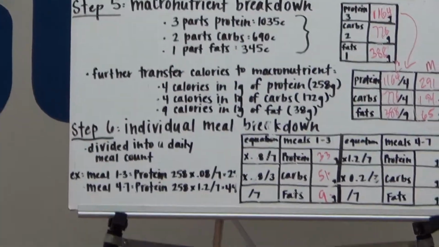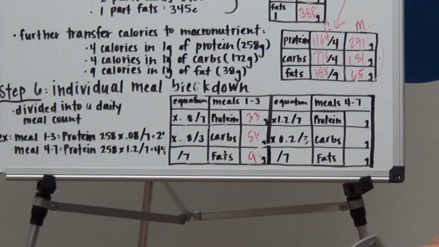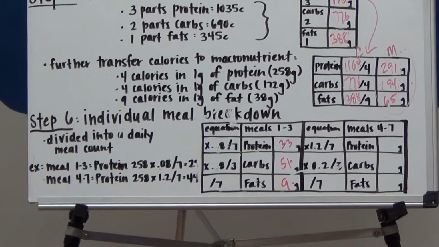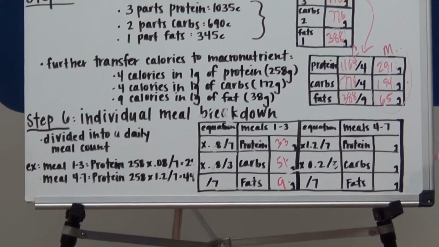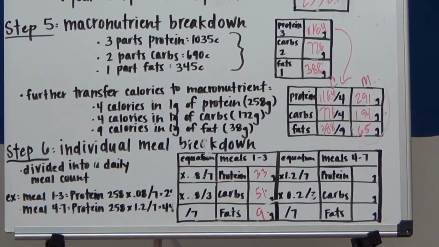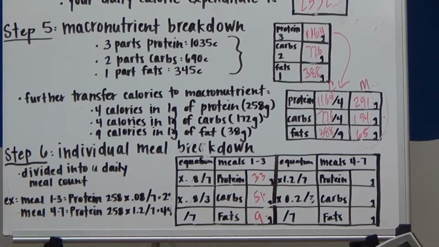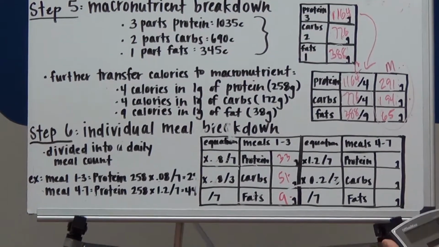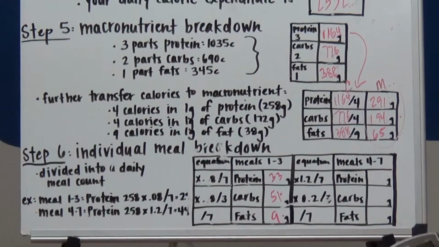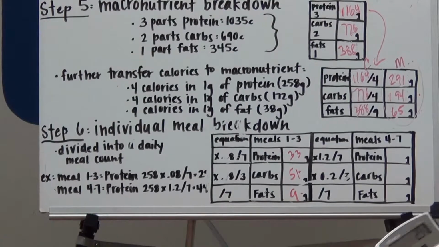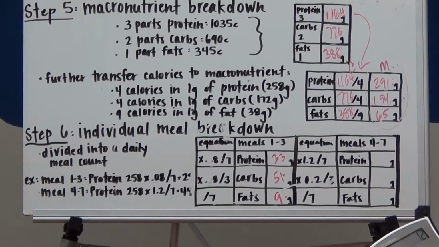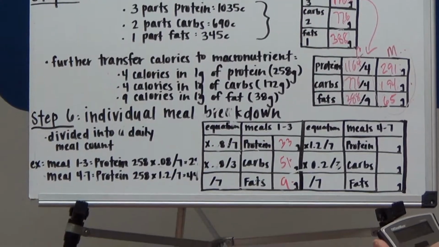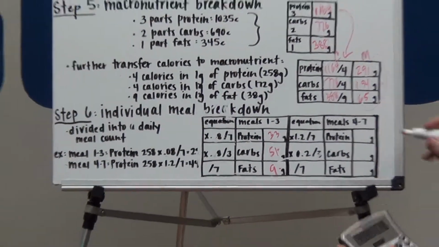Okay, now I'm going to do the same thing over here. For my protein, 291 again, 291 times 1.2 divided by 7 equals 49.